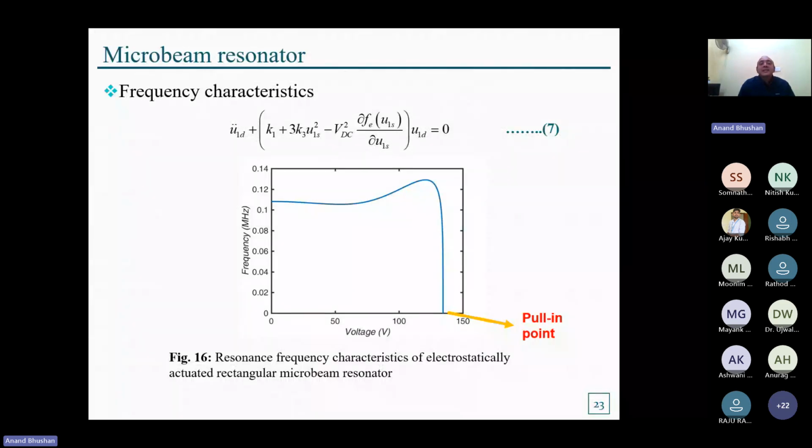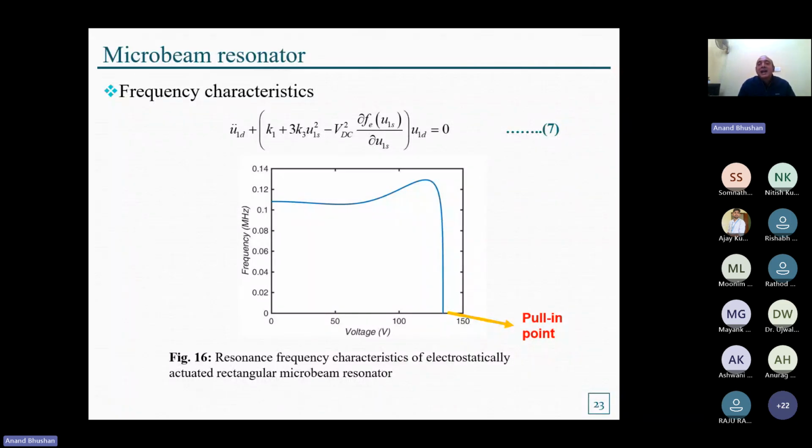In figure 16, we can see the resonance frequency characteristic of this microbeam resonator. Here we can see that till 55 volt there is not much difference in the natural frequency, it is nearly the same. This is because the hardening and softening effects have a similar effect on the system.